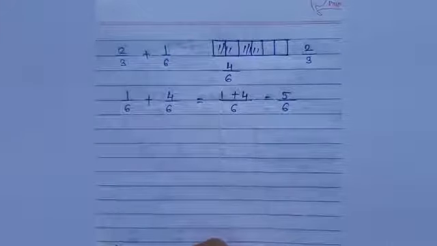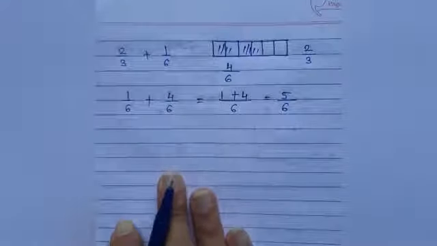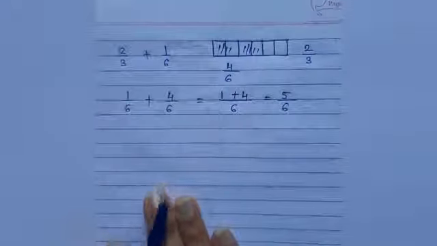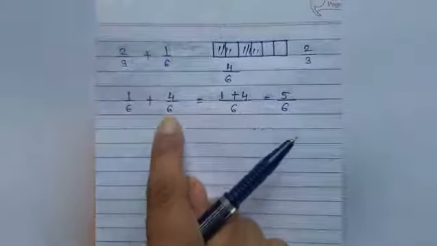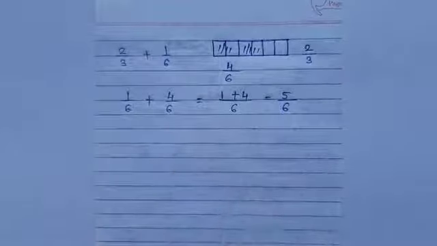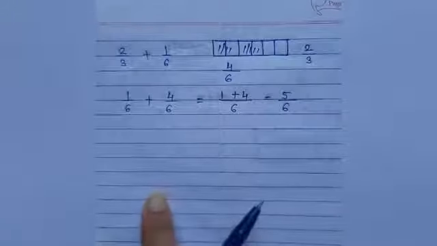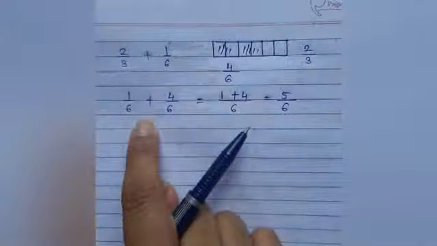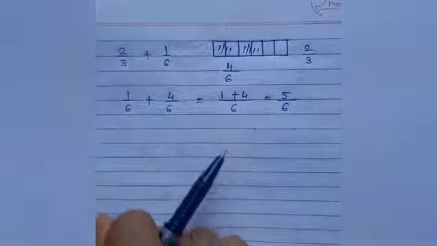So, to perform any equation, we have to see whether the denominators are equal or not. If the denominators are not equal, we have to convert them into like fractions.